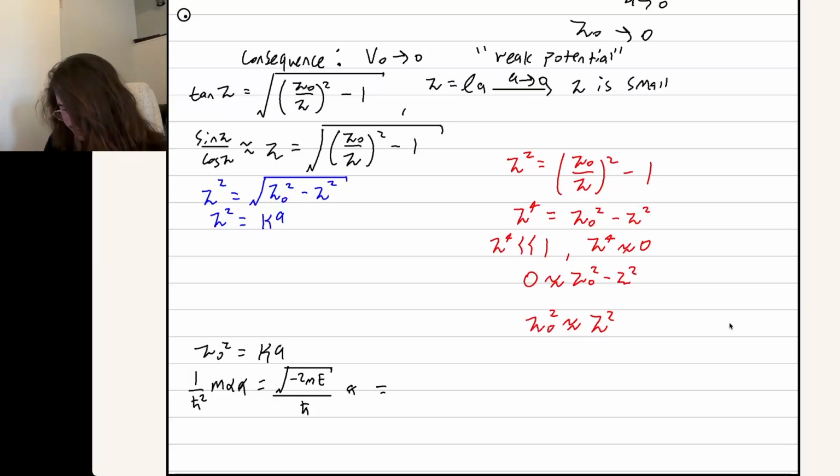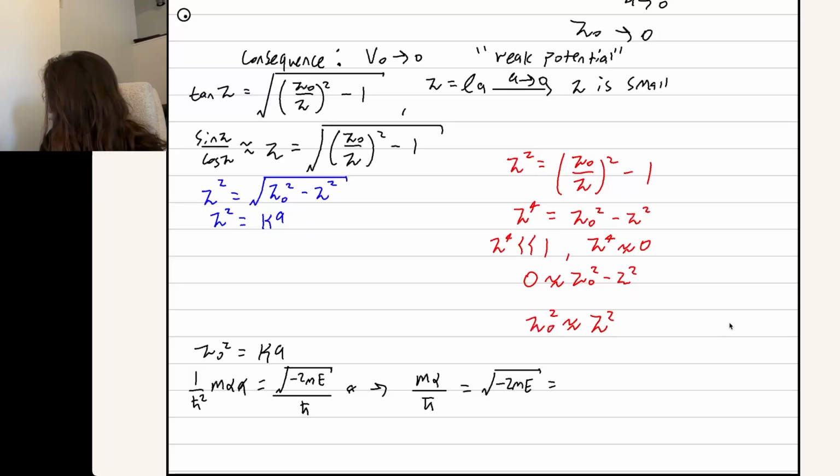And then we can use this to get an expression for E. So we're essentially just going to solve this for E now. So it's algebra time. We need m alpha over h bar equals the root of minus 2mE. We're going to square both sides.